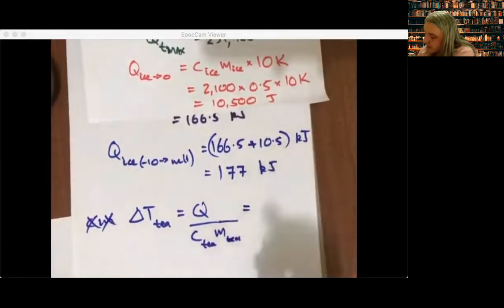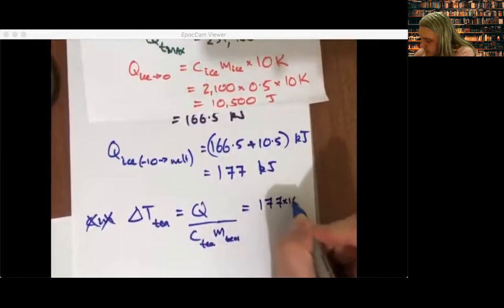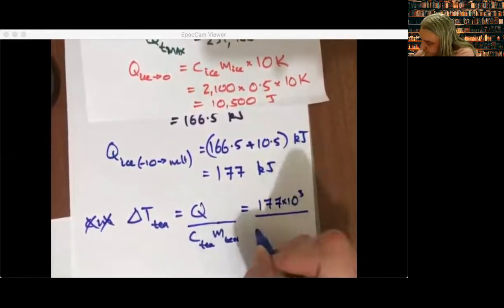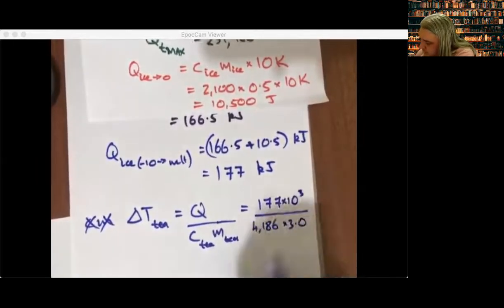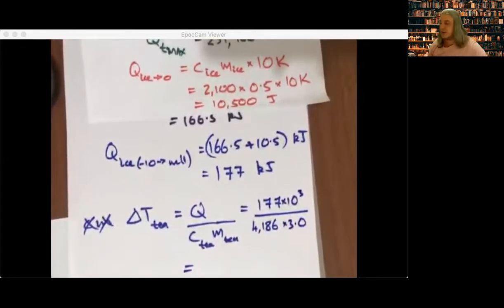So that means the tea must have changed by 177 times 10 to the 3 over the c for tea, which was our c for water, 4,186, and the mass of the tea was 3 kilograms. So the tea has changed temperature by whatever that comes out to be.